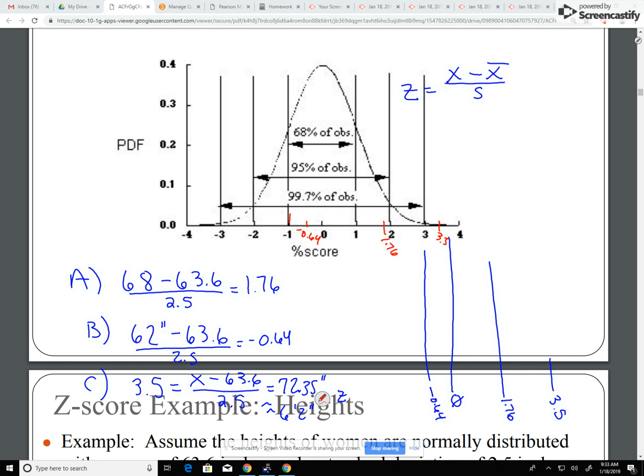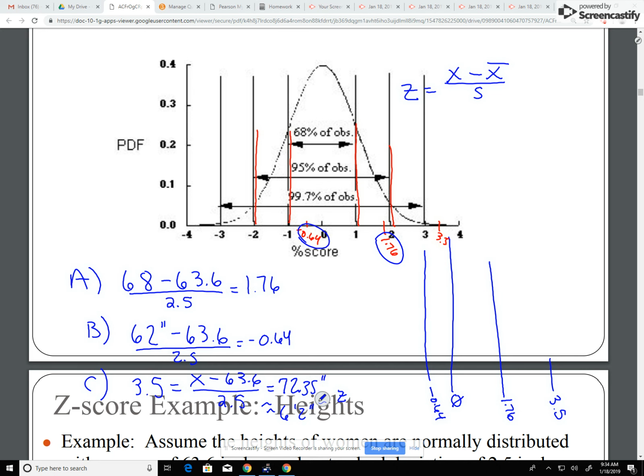Between 1 and negative 1, or within one standard deviation of the mean, 68% of all of your data, if it follows a normal distribution, should be contained. Within 2 standard deviations of the mean, or z-scores of 2 and negative 2, you've got 95% of all of your data. So our female who is 5'8" falls within that, and our female that is 5'2" falls in there.